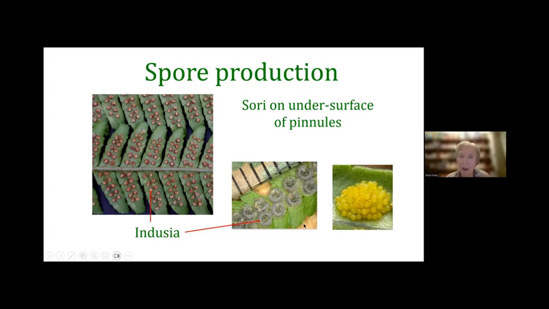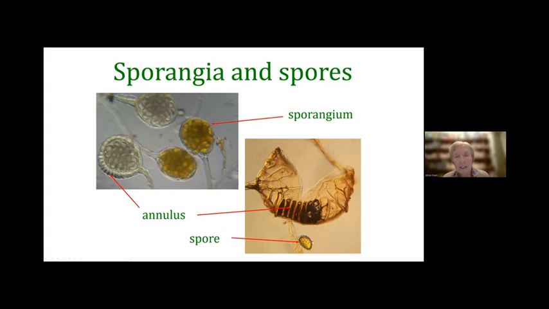If we go on, each of those little bobbles is actually called a sporangium. And because you start off with 16 spore mother cells, which then divide twice by meiosis to reduce the number of chromosomes, you end up with 64 spores in each of those little bobbles.